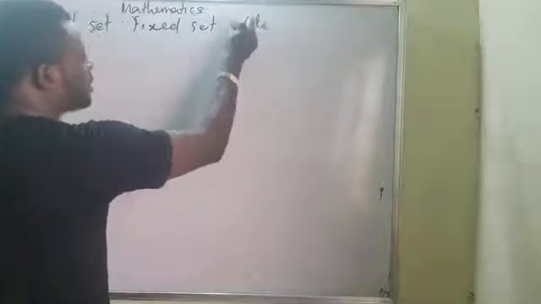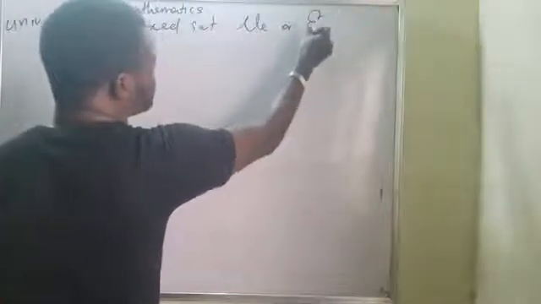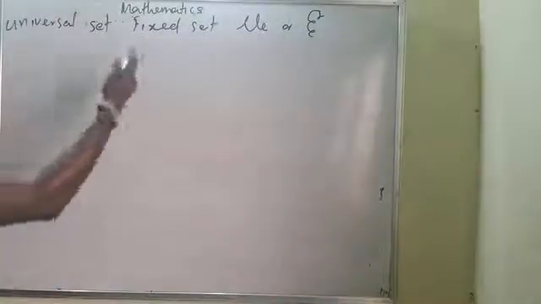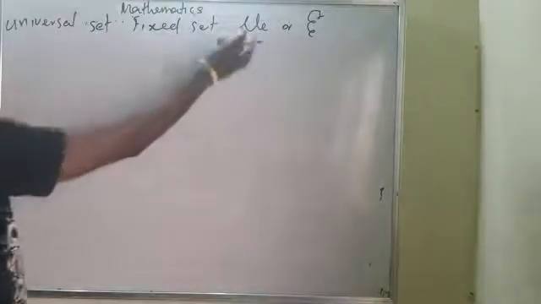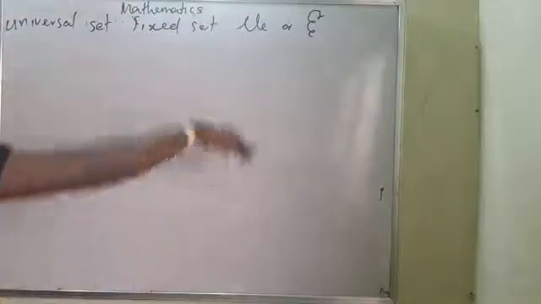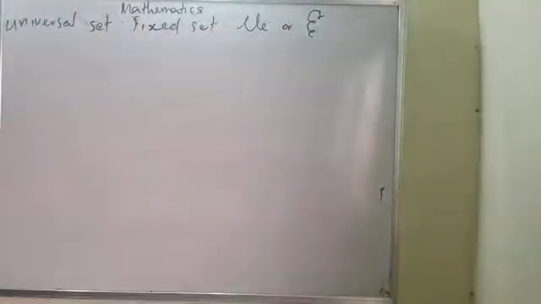It's always denoted by something like this, or some people use something like this to denote it. Anyway, most times you use this to denote them. Mostly in advanced levels we use this for set-builder notation, but this is always general.